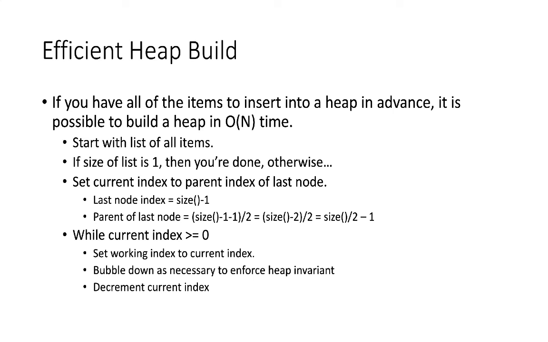Again, the analysis for proving why it will always be order n is a little bit complicated, but it basically has to do with the fact that as you work your way toward the root, the number of levels that you could bubble down starts to grow, but the number of nodes that might need to bubble down gets smaller, and so overall you can prove that you can build a heap with this algorithm in order n time, that it will all average out to be order n time.